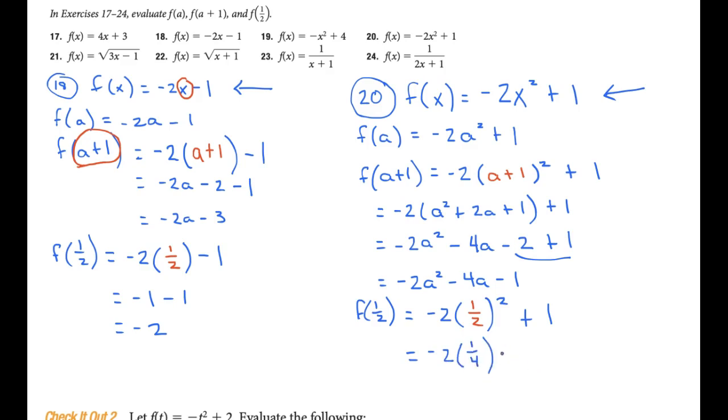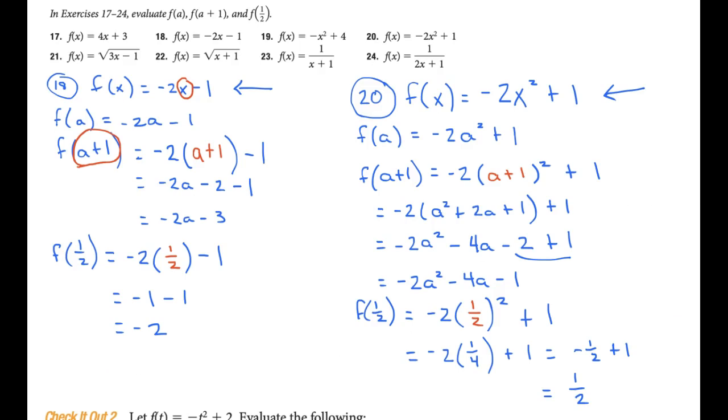Square the top, square the bottom, and you get 1/4 plus 1. So I'm running out of room here, so I'm going to go to the right. Negative 2 times 1/4 is negative 1/2 plus 1, and that is going to equal 1/2. So it's basically 1 minus 1/2. So 1/2 is the final answer there.